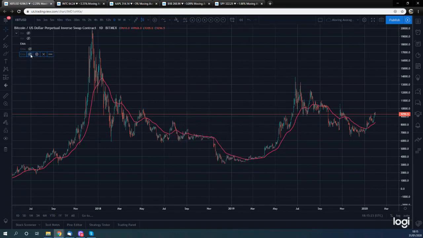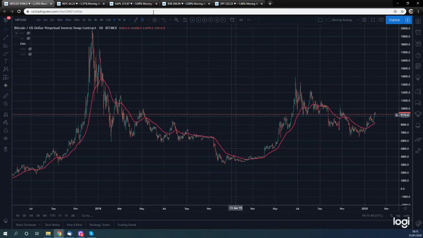Then in effect, what we have here is the 50-week moving average on the daily chart. That is just a helpful hint for you. So that's looking at the 50 period average: a 50-day period average and a 50-week period average.